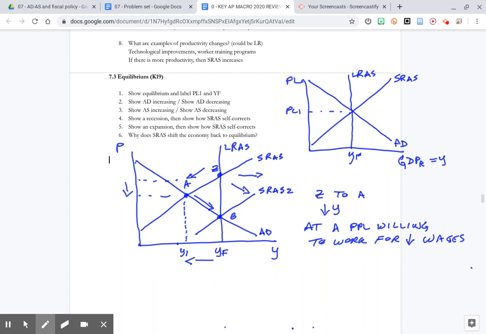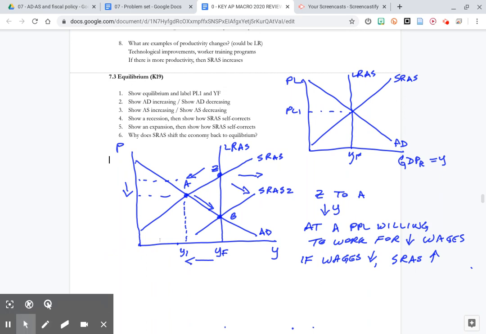After all, some pay is better than no pay. That's the best explanation you can say. So if wages fall, then SRAS increases, and that's because wages are an input to SRAS.